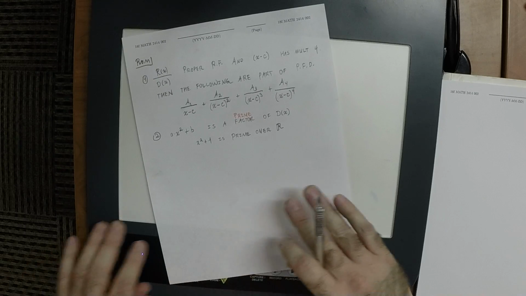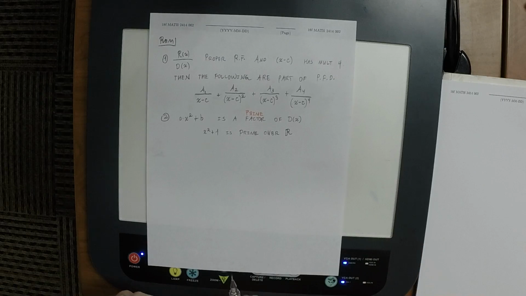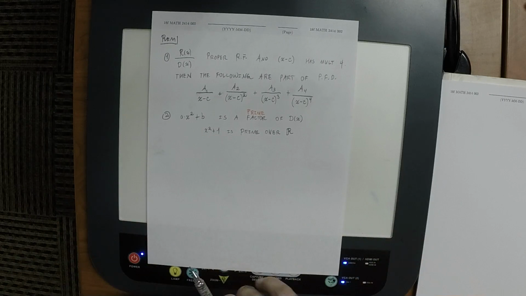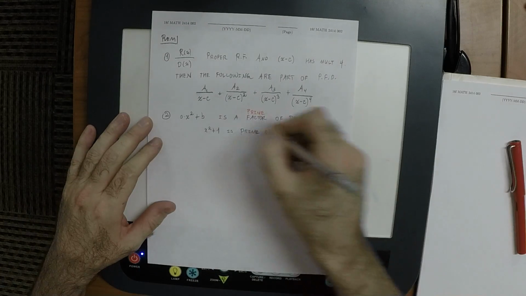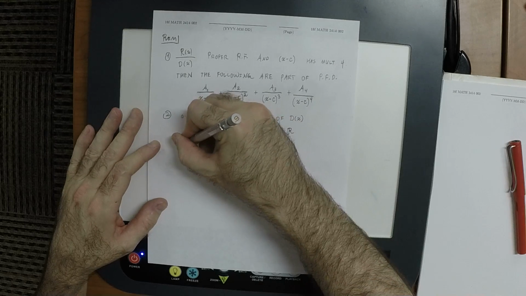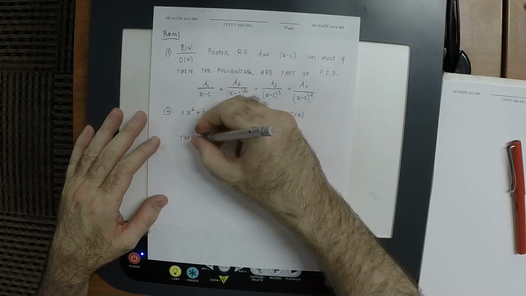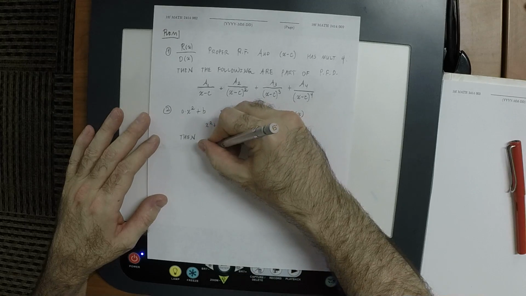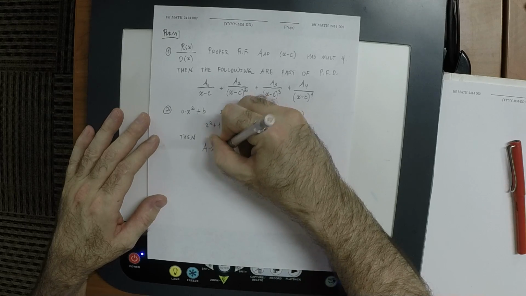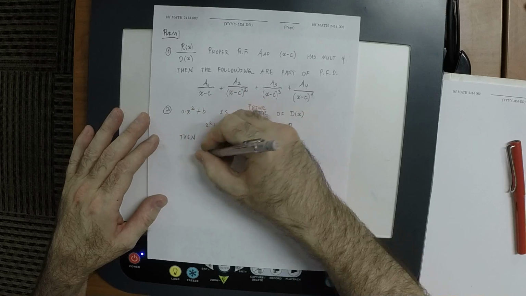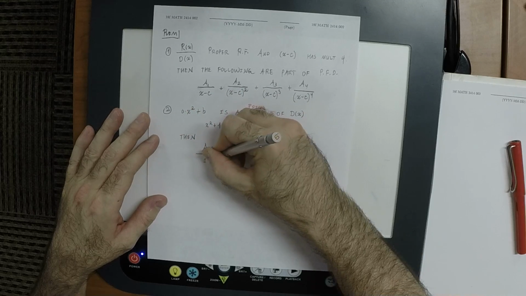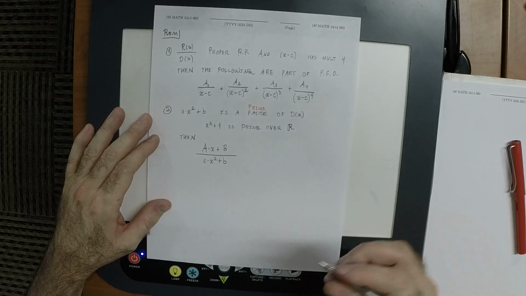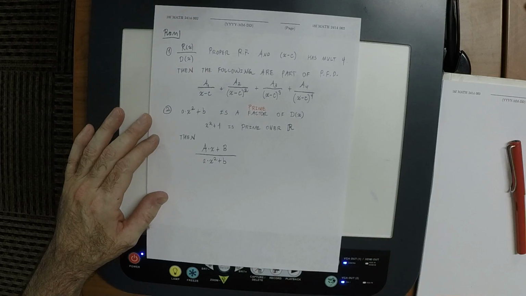But you can't achieve that within the reals, so it's said to be prime over the reals. So in this case, a times x plus b over a times x squared plus b is part of the partial fraction decomposition.